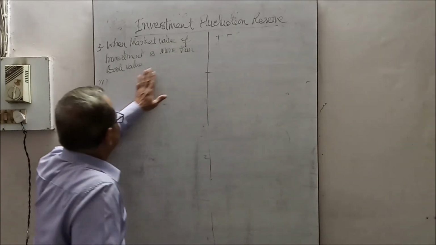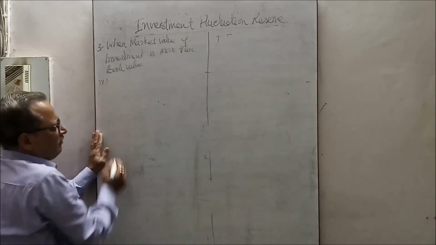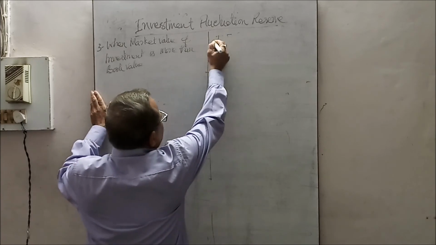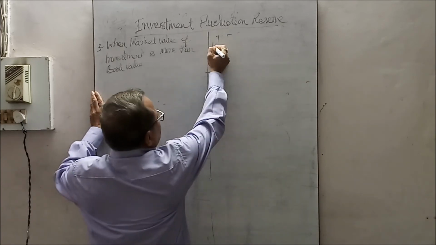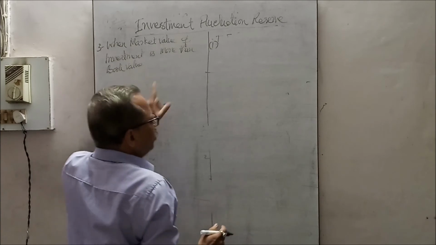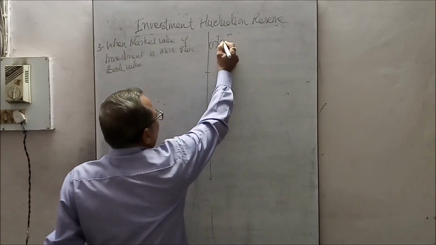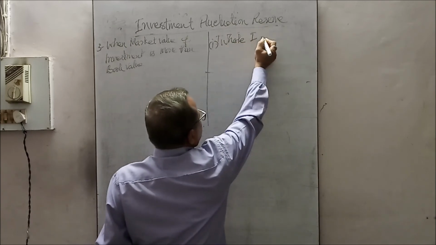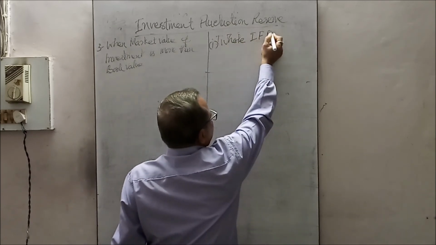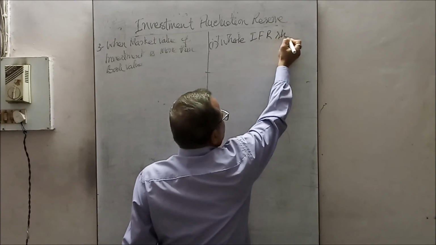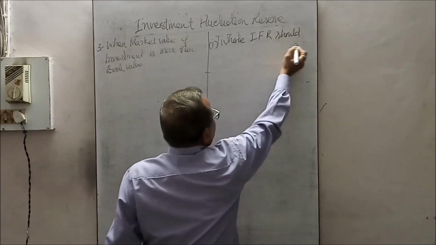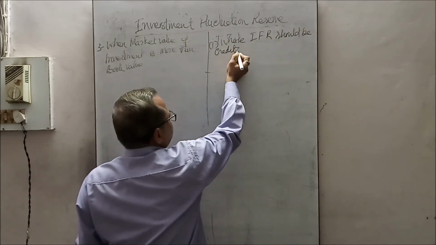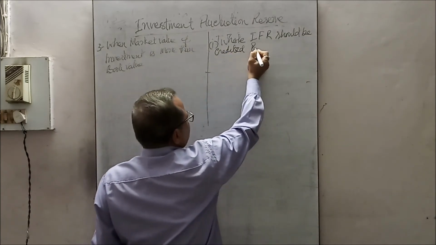Now see, investment is more than, the first entry we will pass. What entry? In this case we will pass the entry: the whole IFR, or the entire IFR, should be credited to partners' capital account.